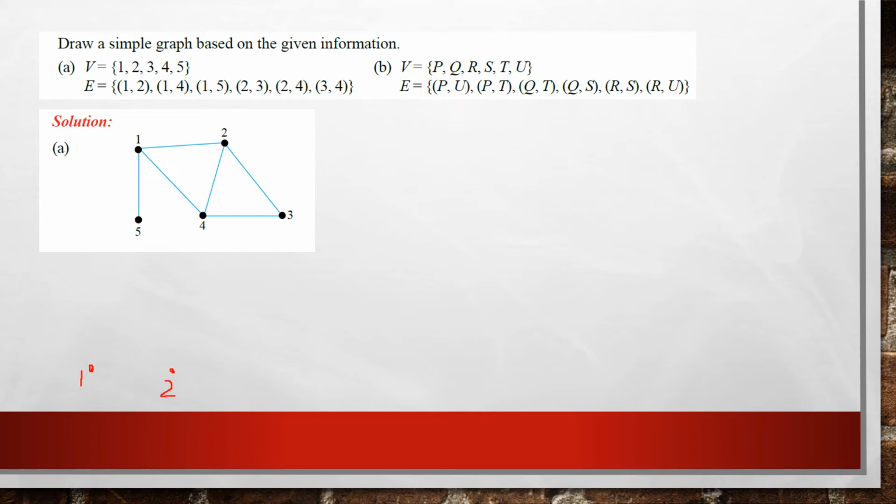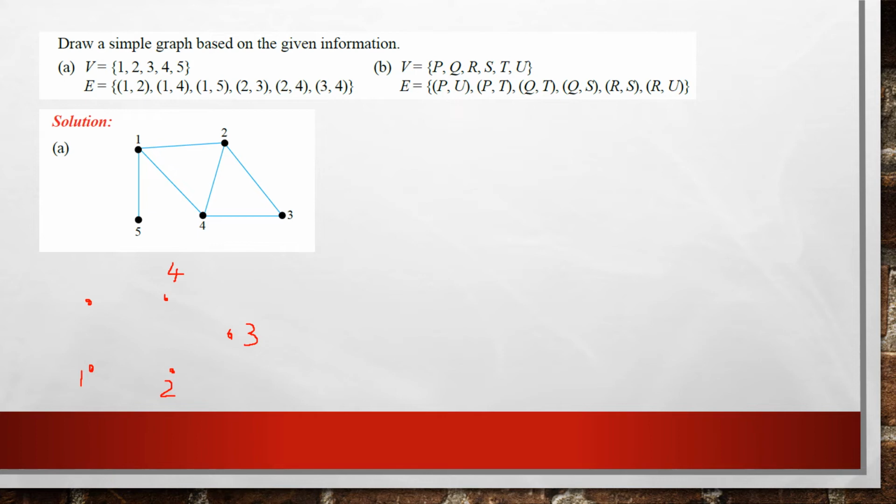Then your 3, you want to write here also can. The diagram can be in any shape. It doesn't mean you must follow the answer. Maybe you can write your 4 here and 5.